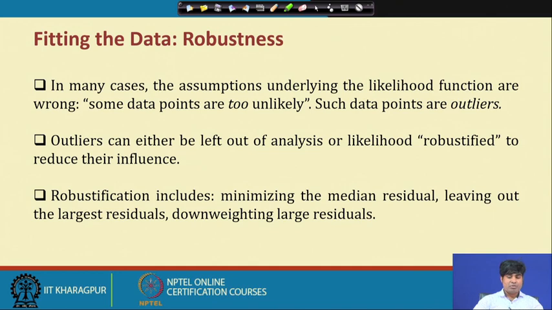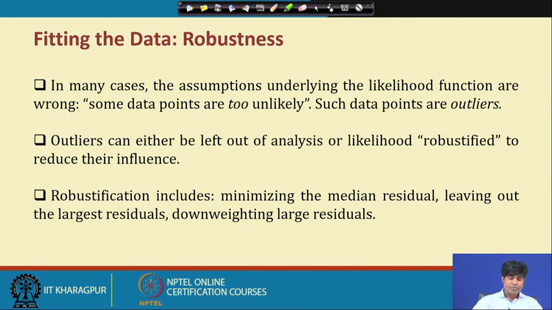Outliers can either be left out of the analysis or the likelihood robustified to reduce their influence. That means we have lots of possibilities where we can reduce the impact by normalizing the data or some kind of restructuring of the models.